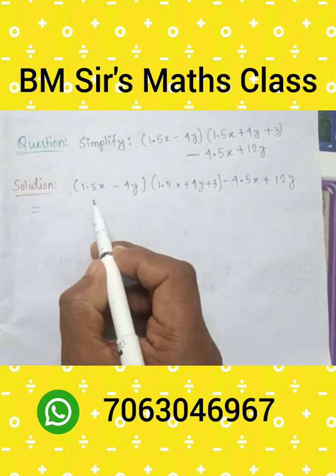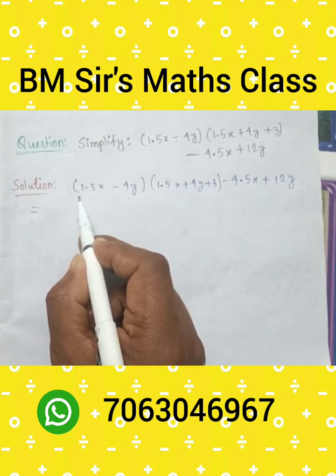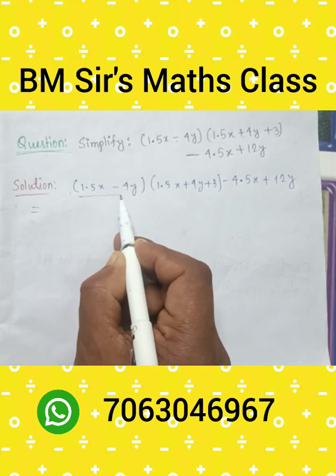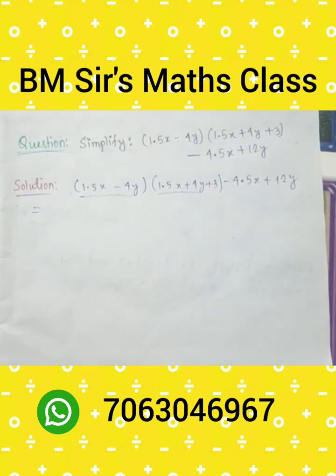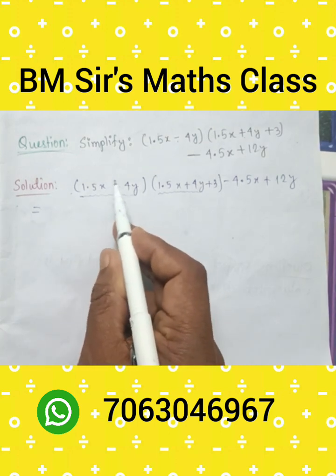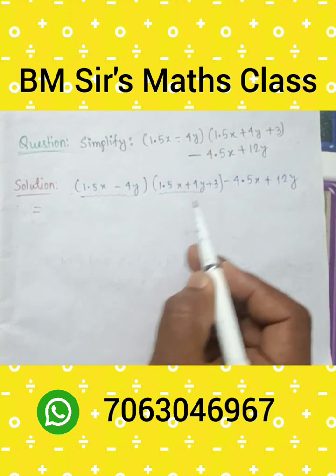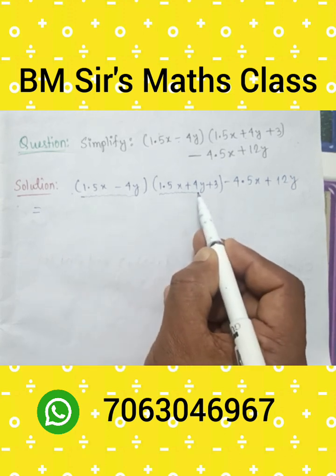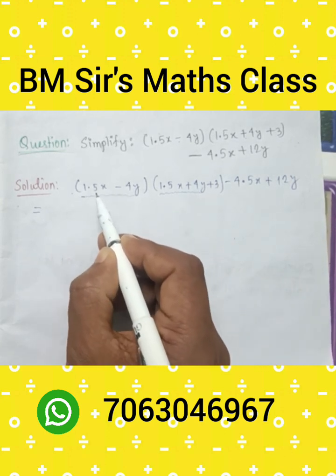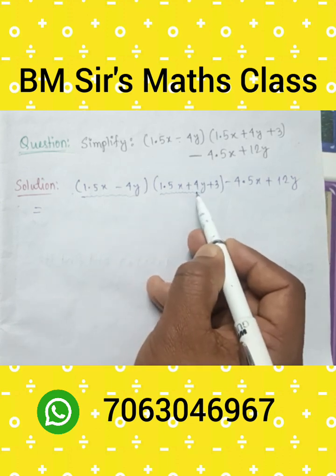See that here 1.5x − 4y, and see that this term 1.5x + 4y. To multiply this binomial by this trinomial, you focus only on this binomial term and this binomial term. This is in the form of (a − b)(a + b).